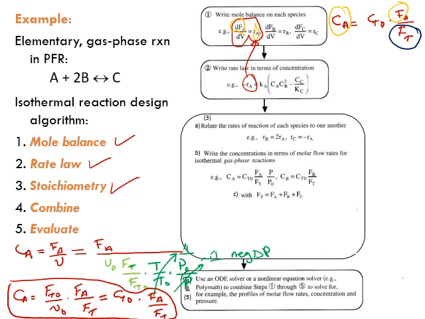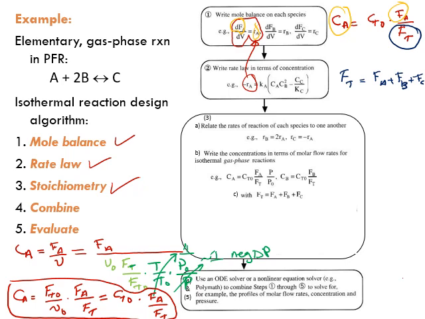What's that equation? Very simple. Ft equals Fa plus Fb plus Fc. Do you have inert? If you had inert, you would say plus Fi. Now we have an equation for Ft. We had to add it, right? What about Fa?